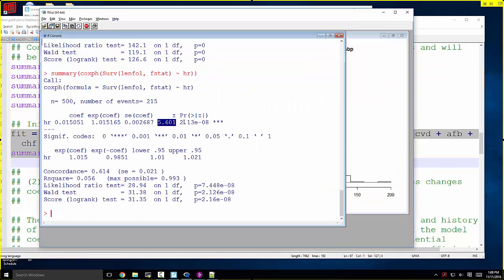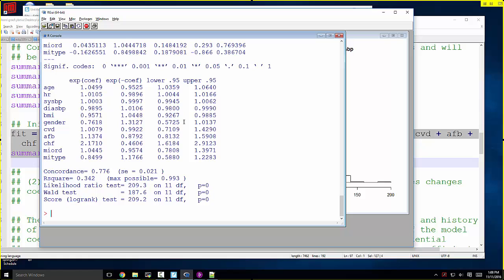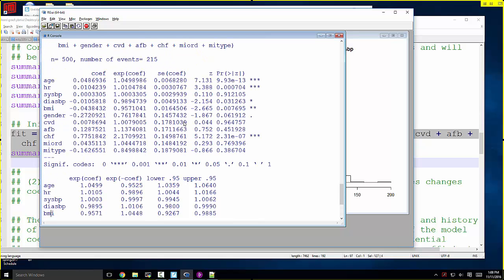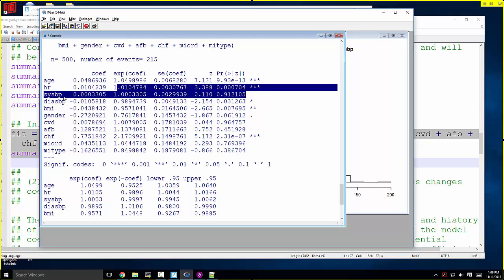Let's look at this. All we've done so far is consider each variable individually, but now we've put them all together. And we know enough about what regression is doing to know that a variable that looked very explanatory, very predictive individually won't necessarily look important when other variables have been included. For example, systolic blood pressure. When we looked at systolic blood pressure alone, it had a small p-value.